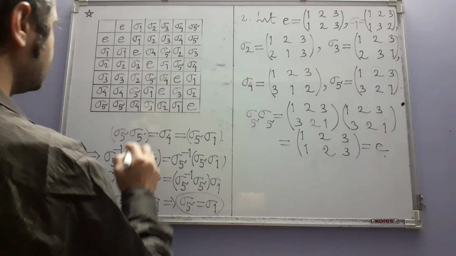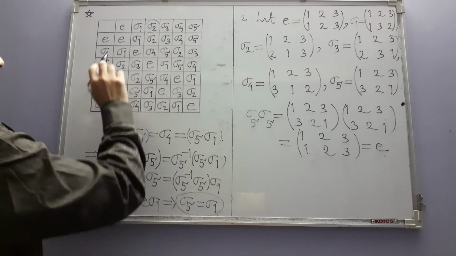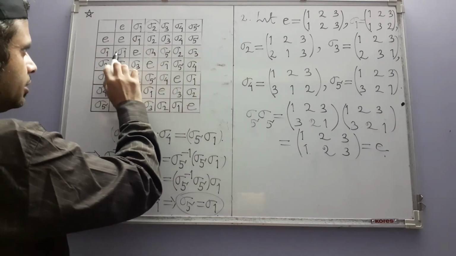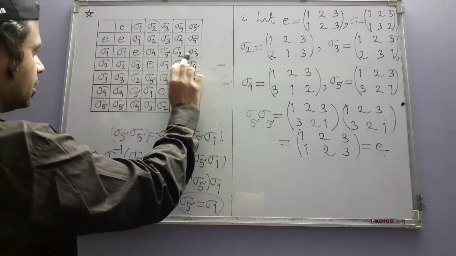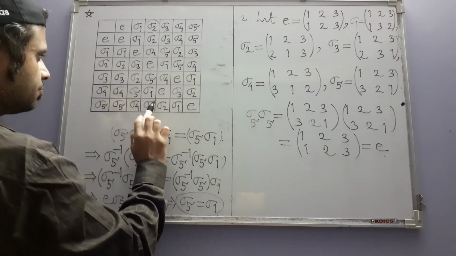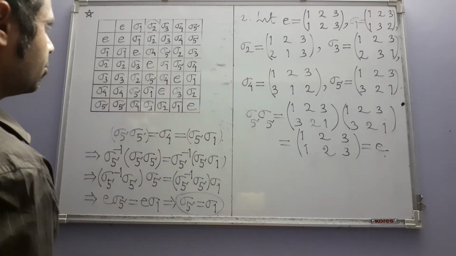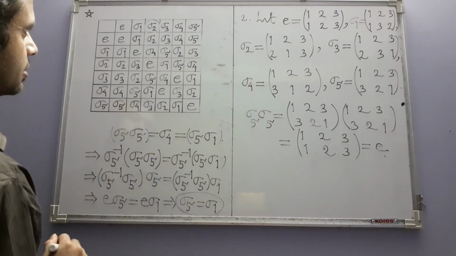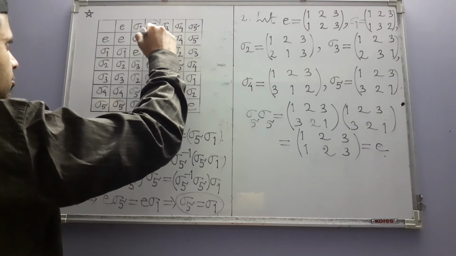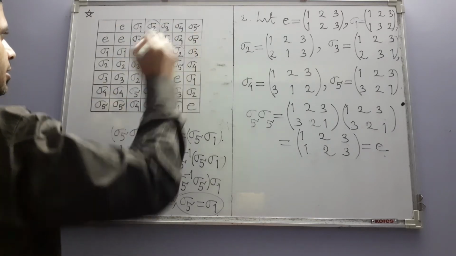For example, if you take this element sigma 2, it has appeared in the first row here, sigma 2, but only once. Here also sigma 2, but only once. Here also sigma 2, but only once. Sigma 2, sigma 2, sigma 2. If you look at these columns in which these sigma 2's have appeared, in the first row it has appeared here. In the second row it has appeared here.